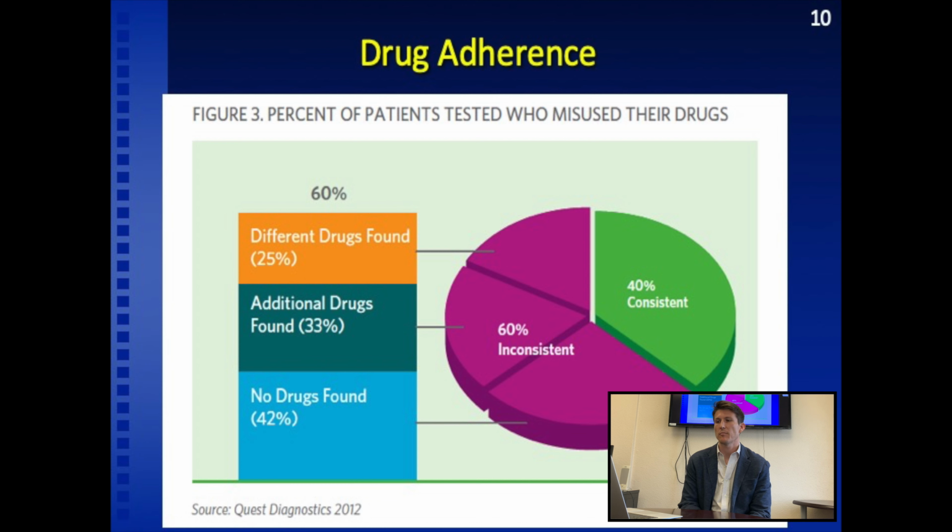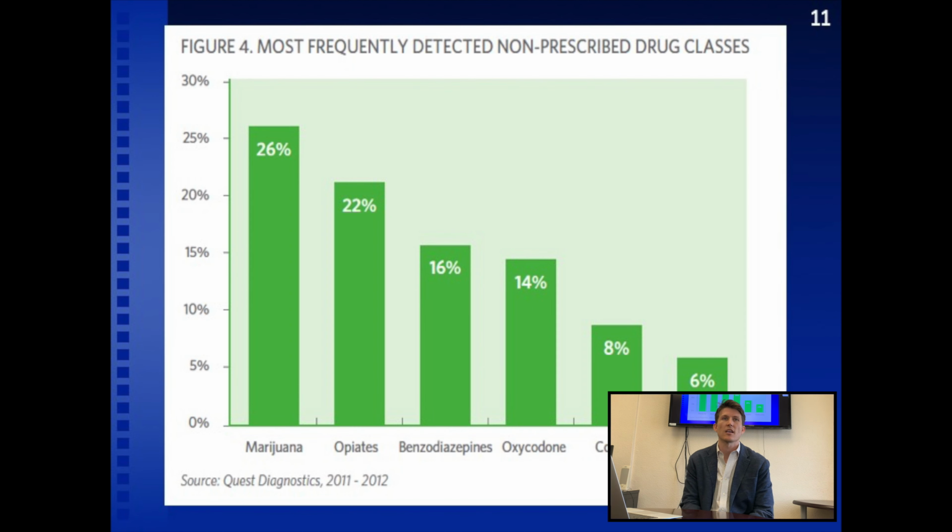What they found is that only about 40% of the time did providers know what was going to be in people's drug tests. That was interesting. Another thing from this study is the breakdown of what they saw, and I think this isn't surprising to anybody based on what we see as far as substance use.